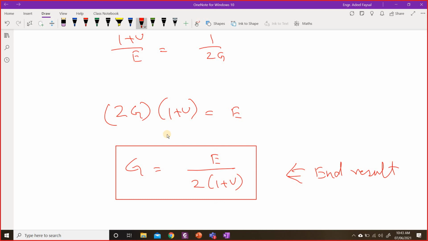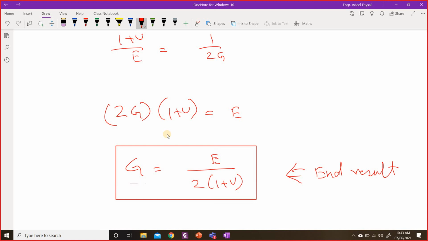So for an isotropic and homogeneous material, if we know 2 of these 3, we can find the other one. Often you will use these expressions in different kinds of situations. Often E is easy to determine because it's related to axial loading, and nu is also not very difficult to find, but G will require you to perform a pure shear or a torsion type test, which is not so common.